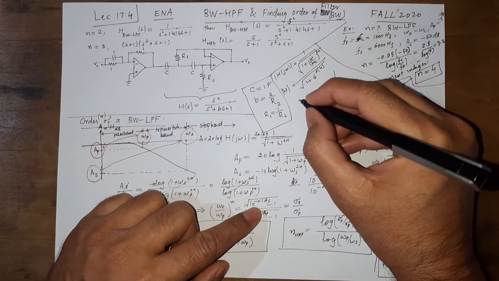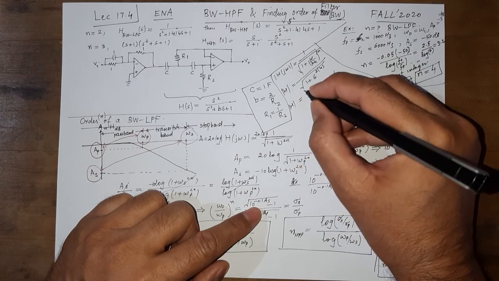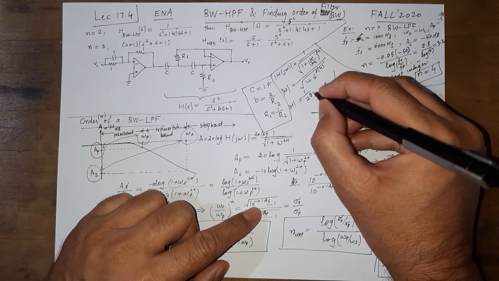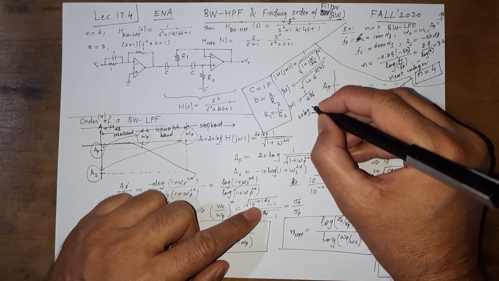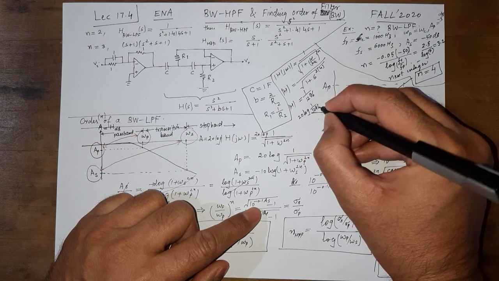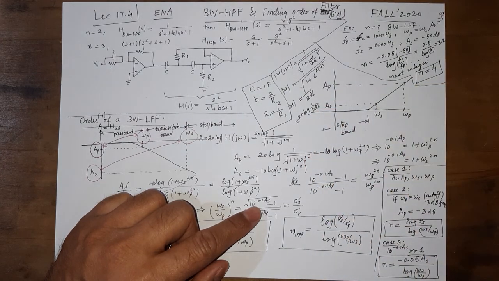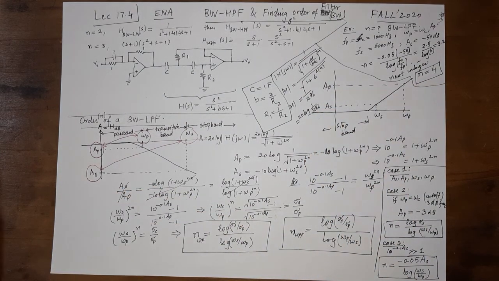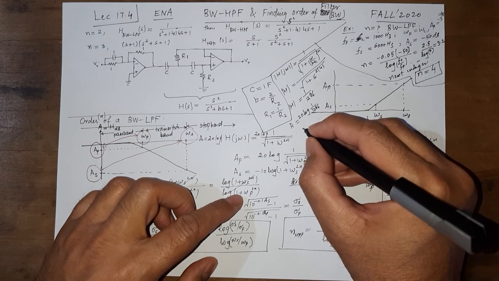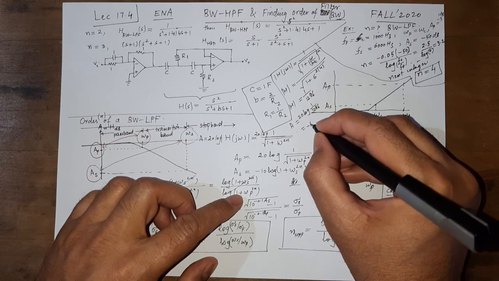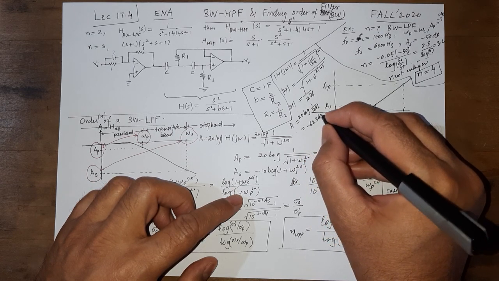So 1 over 1296, and 20 log of 1 over 1296 would be minus 62.3 dB.